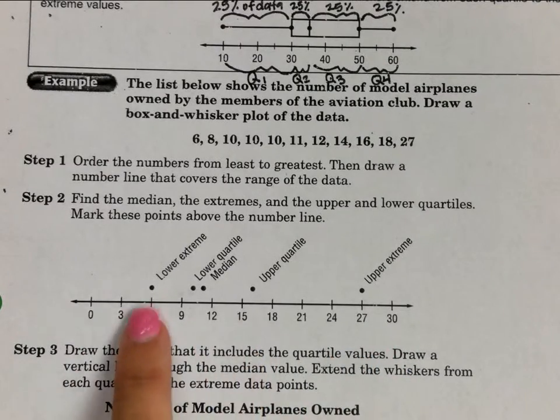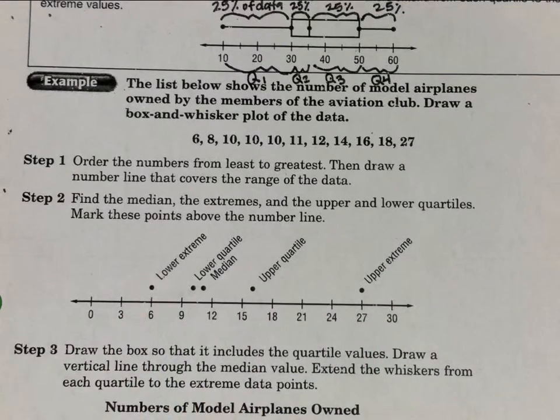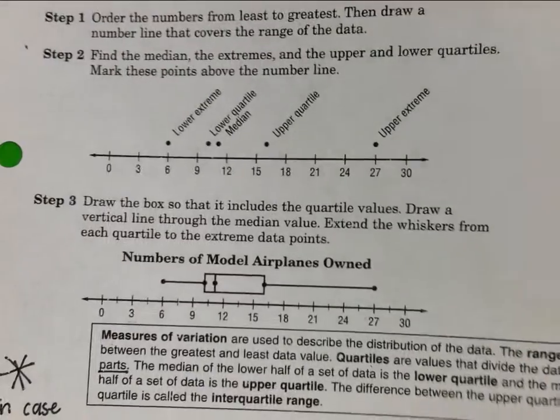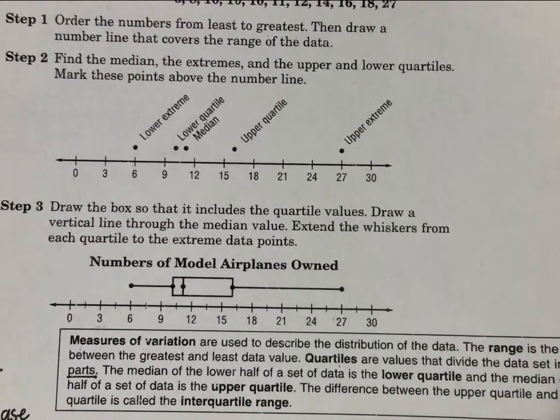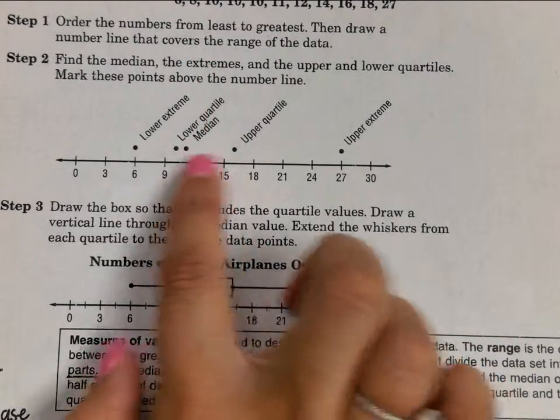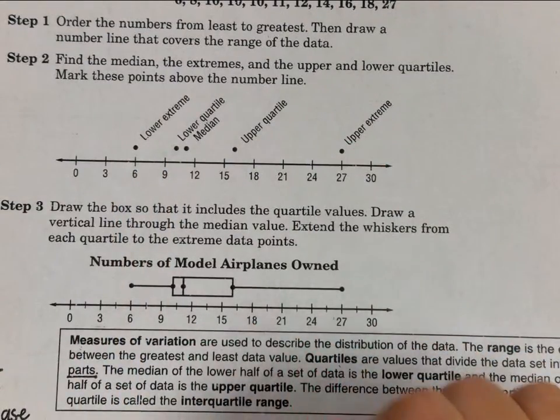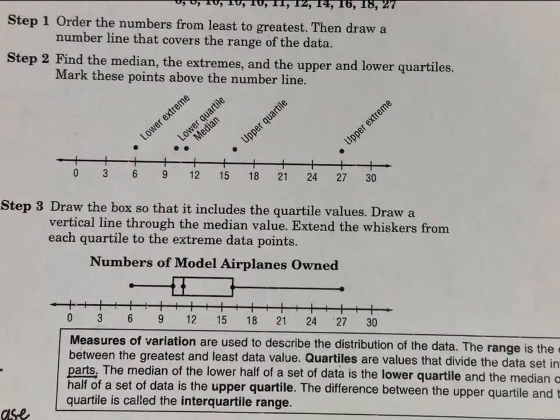As long as you have your lowest number and your highest number included on that scale, it doesn't really matter. I don't mind if you start at 0 or not. Then you just draw your actual box on there. Remember, your middle line is your median, so your box goes around those 3 middle dots, and then you just extend a line out to those upper and lower extremes.